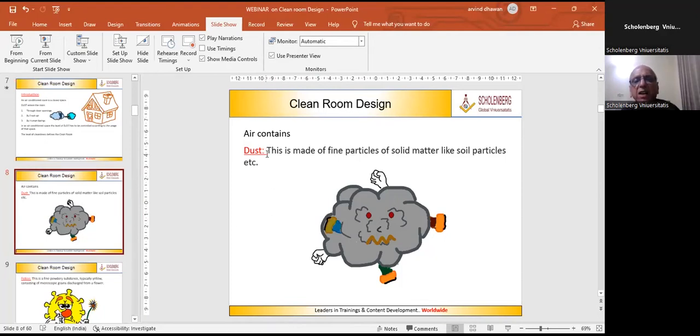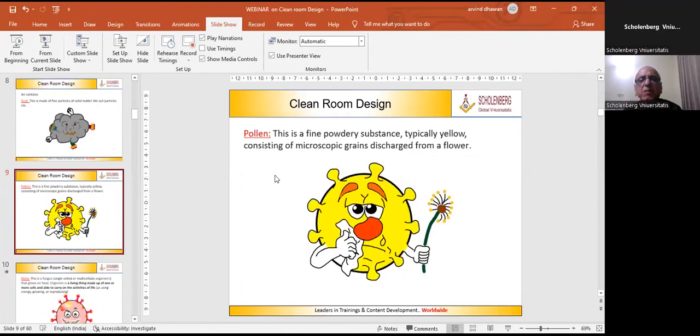Now, air contains dust, right? Now, what is dust? Let's talk about dust. Can you see this, friends? Any problem? Let me know. Dust is made of fine particles of solid matter like soil particles. That is dust. Then we come to the next slide.